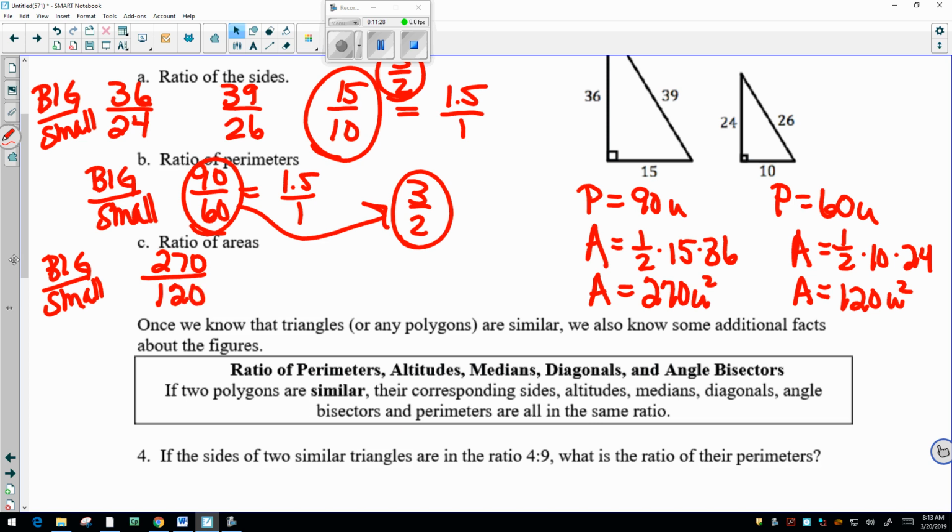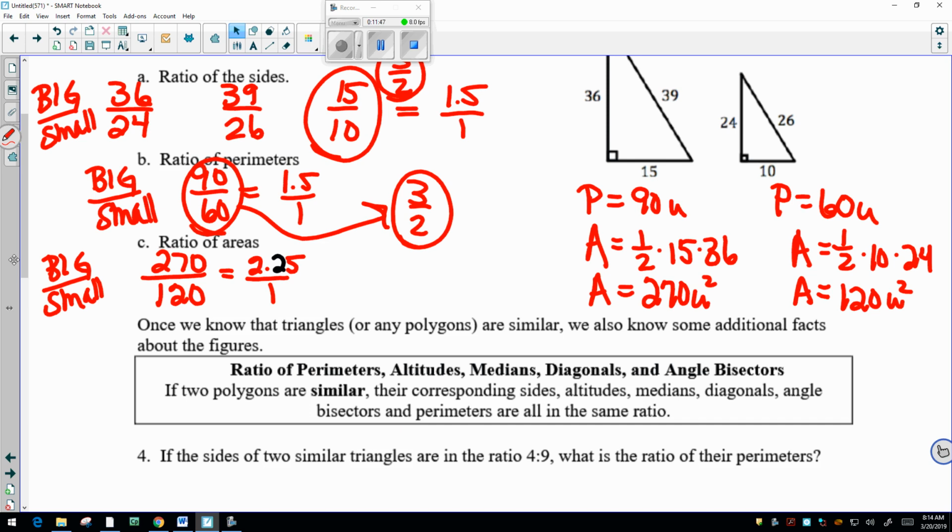Now, here's where the decimals may be a little bit tough to see. If you were to reduce this on your calculator, the decimal form that you get is 2.25 over 1. May not be as easy to see the connection that we have with our ratio of our area and our perimeters.